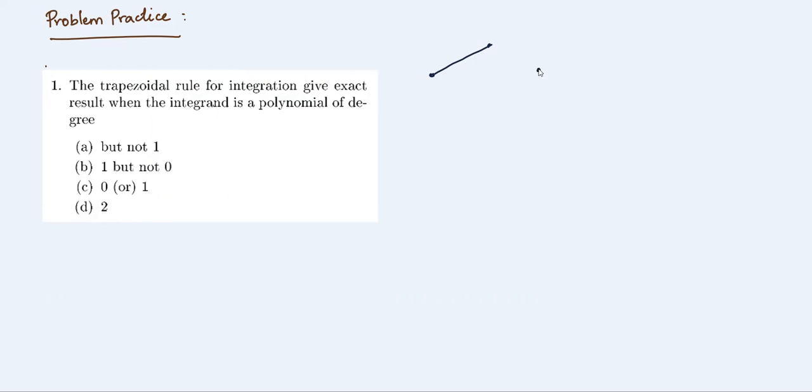However, there can be cases where in the trapezoidal rule we are joining 2 points which have equal function value, so you will get a constant. So the polynomial integrand degree can be 0. That's why it is 0 or 1. Mostly it is 1, but sometimes it can be 0.